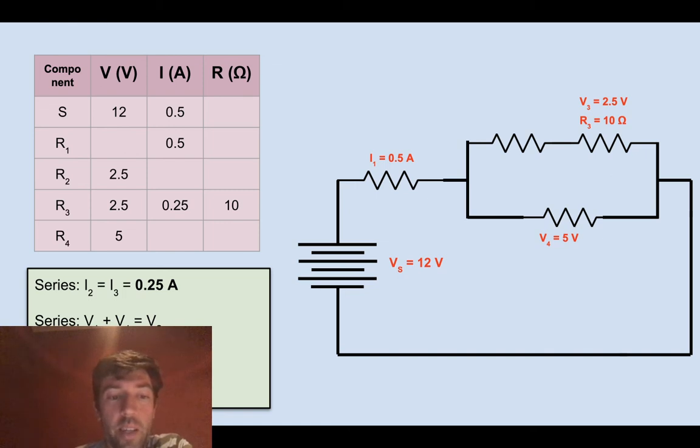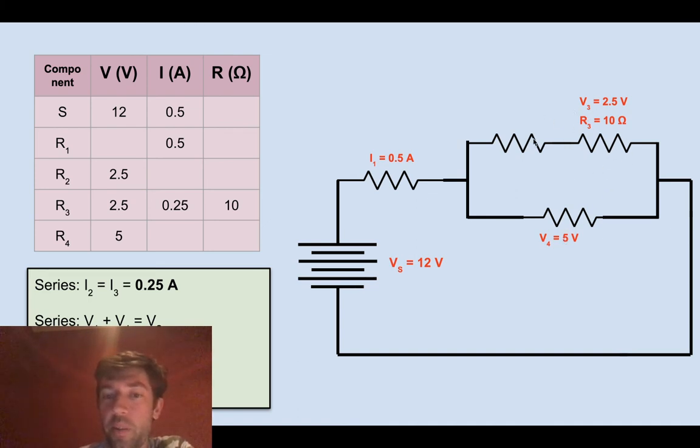So V1 is 7 volts. And finally, well, not quite finally, but finally for this slide anyway, let's look at the current up in this parallel branch. So the current at resistor number 4 is not known, but the current up here is known.